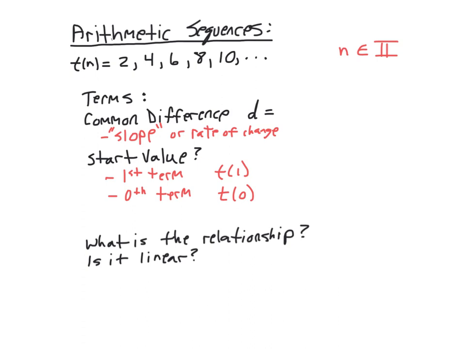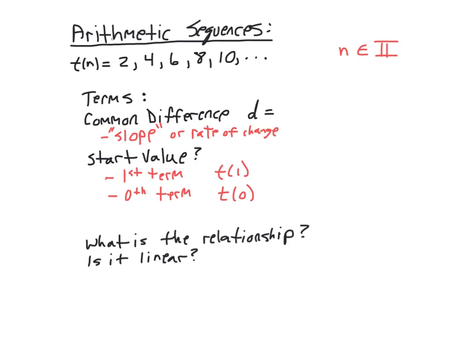So t means term, and n is which number in my sequence this term is. In other words, n equals 1 for the first term, n equals 2 for the second term, n equals 3, n equals 4, 5, you get the idea.